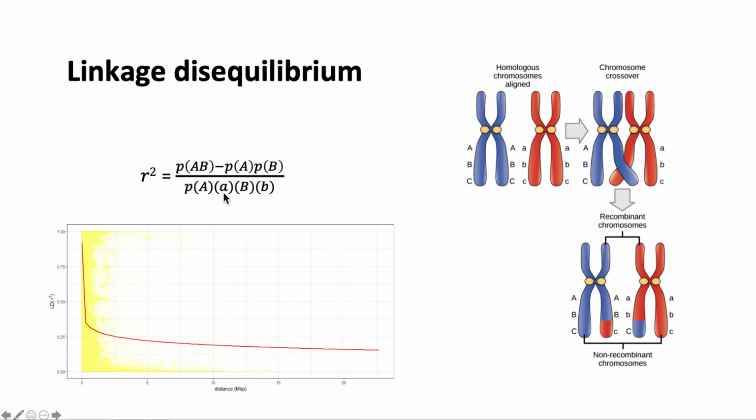And this is the formula to estimate the LD. It's kind of easy if you remember the allelic frequency in the population.